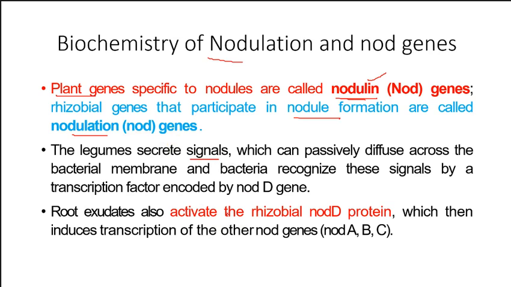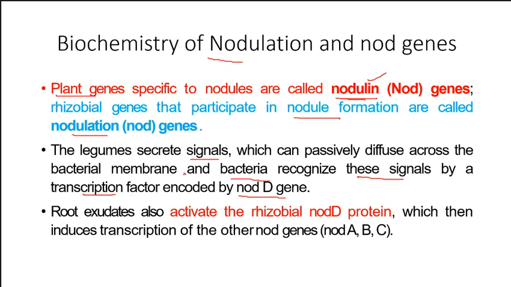These signals can diffuse across the bacterial membrane, and bacteria recognize these signals by the presence of a transcription factor inside them. These transcription factors inside the bacteria are encoded by the NOD gene.